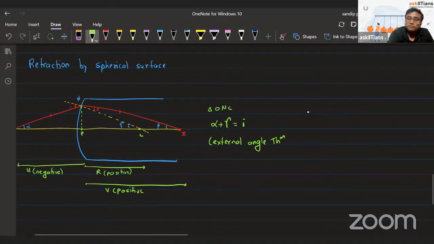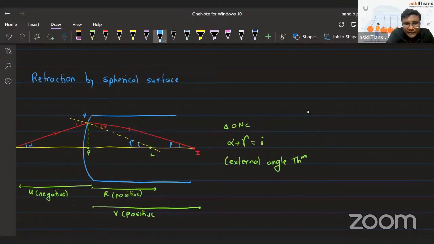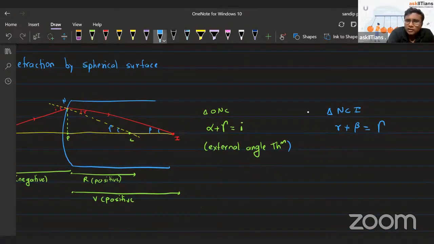Then consider another triangle, NCI. We need gamma, beta, and R. In that triangle, angle R plus beta is equal to gamma, or gamma minus beta is equal to R. The reason is the same, the external angle theorem.